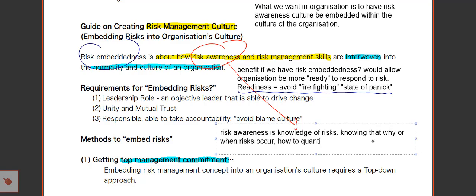Knowledge of how to quantify risk, how to assess risk, how to manage the risk. These are all examples of risk awareness, and as you see, when people get serious about risk, the level of awareness increases. Now look at this pandemic situation.